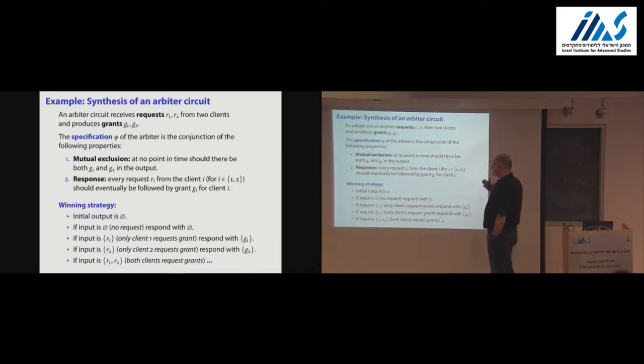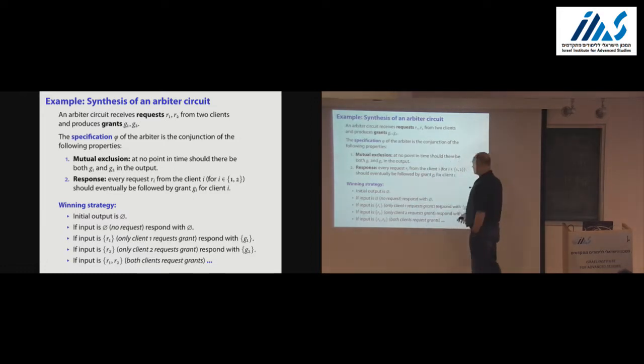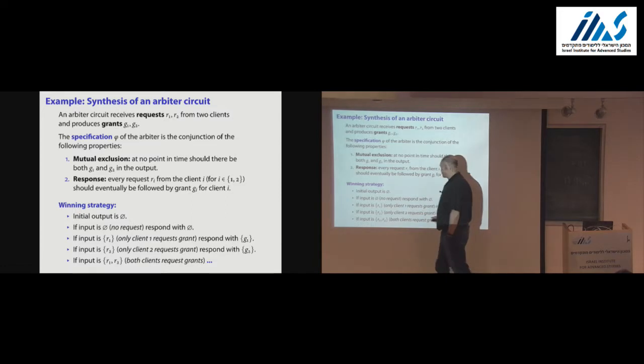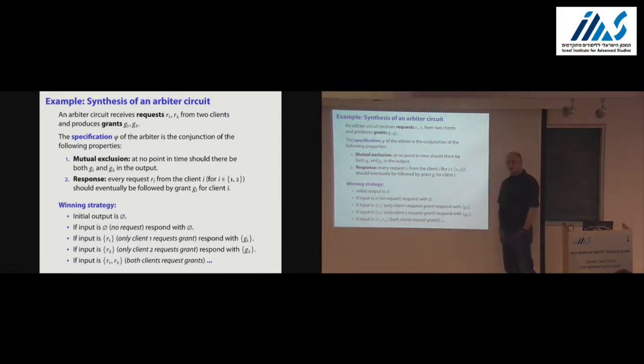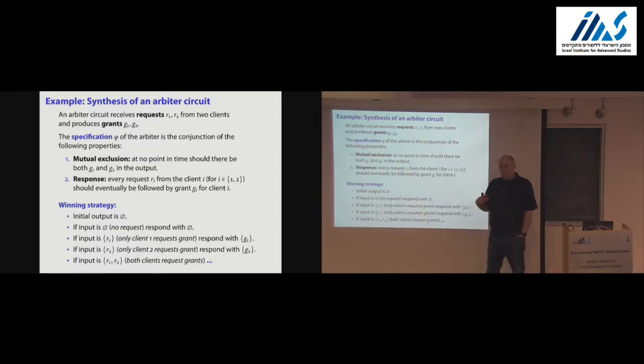Now, when there is a request, say if the input is R1, then we might respond with grant 1. So we set G1 to true. If there's a request R2, we might respond by giving a grant to the second client, setting G2 to true. Now, if the input is R1, R2, so there are requests from both clients at the same time, then things get slightly more interesting.